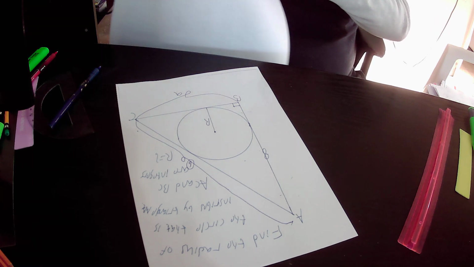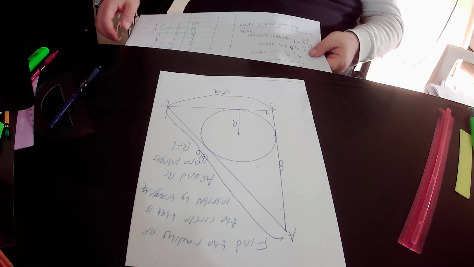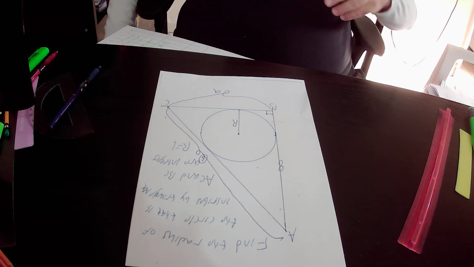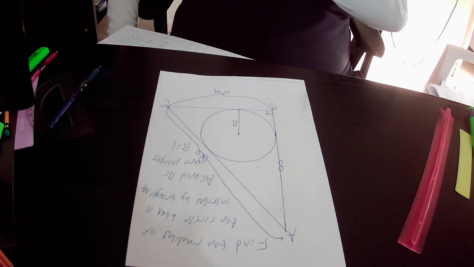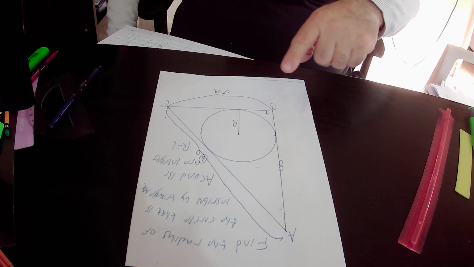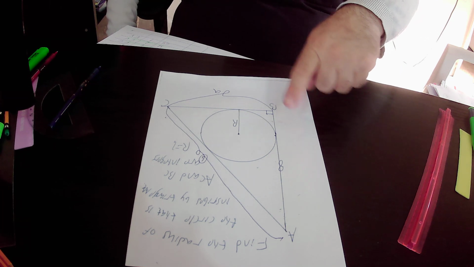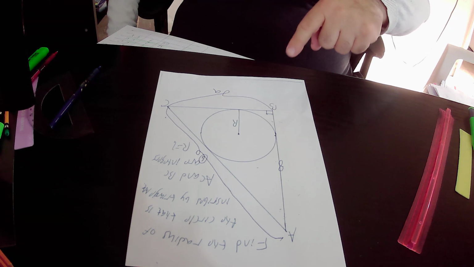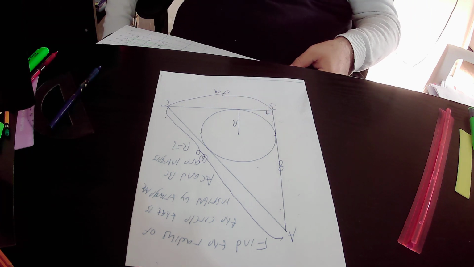In the first question, we have the right triangle, triangle ABC. Inside the right triangle, triangle ABC, we have a circle that is inscribed in triangle ABC. We know that side AB of the right triangle ABC equals 8 units, and we want to find the radius of this inscribed circle.